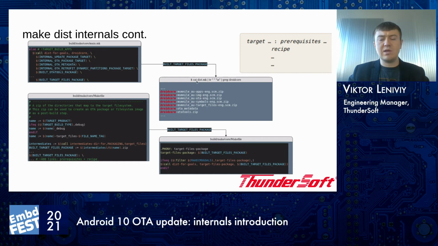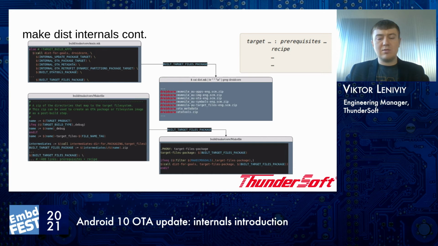As I mentioned on the previous slide, after the initial build, you will find this file, dist.mk, and can see this specific zip file connects to the droid core target. And this part depicts the actual name.